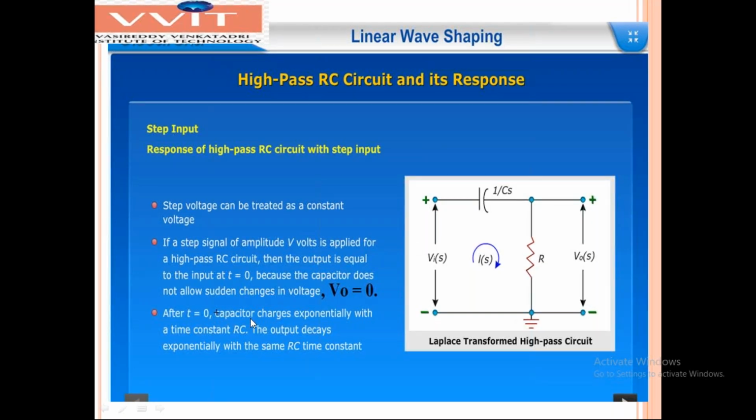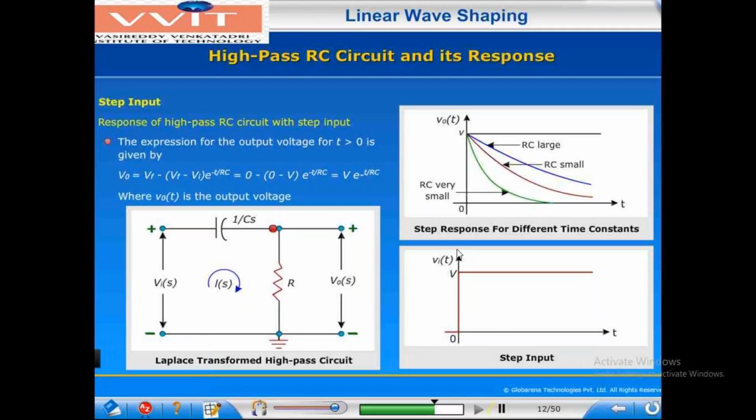But at t equal to 0 plus, the capacitor will be charging slowly, so the output voltage decays. Initially the output voltage equals the input voltage V volts. As time increases, the capacitor charges slowly, which means the output voltage drop across the resistor decreases. So the output waveform you are observing here is exponentially decaying. These are the three conditions.